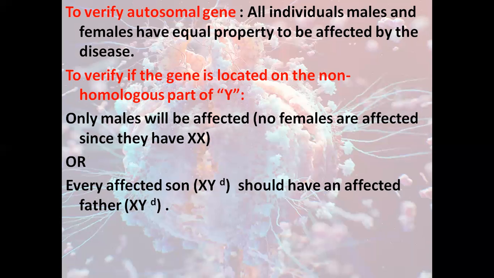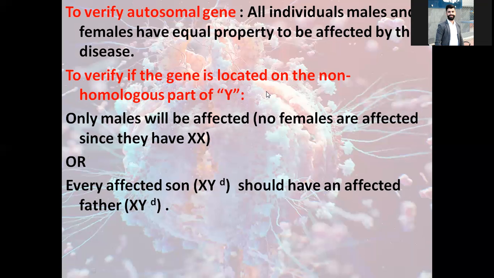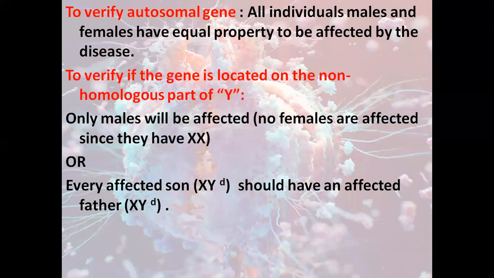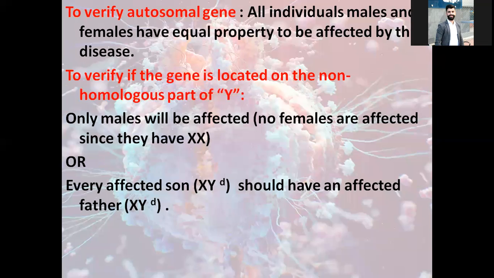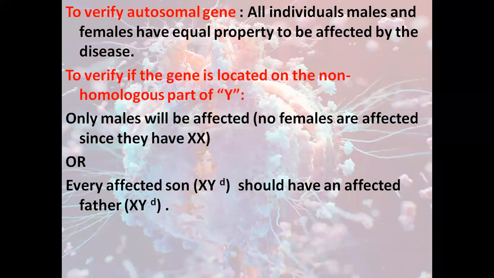you have to determine this according to the pedigree, to verify if the gene is located on the non-homologous part of Y. For the non-homologous part of Y, you know that only males have the Y chromosome. So to verify it, if it's located on the non-homologous part of Y, only the males should be affected, no females. Why? Because females have XX.